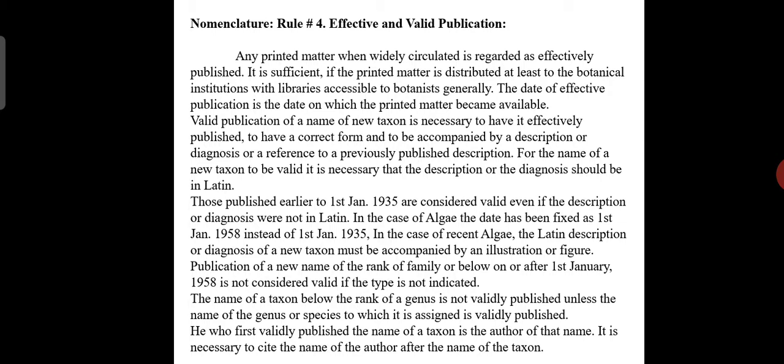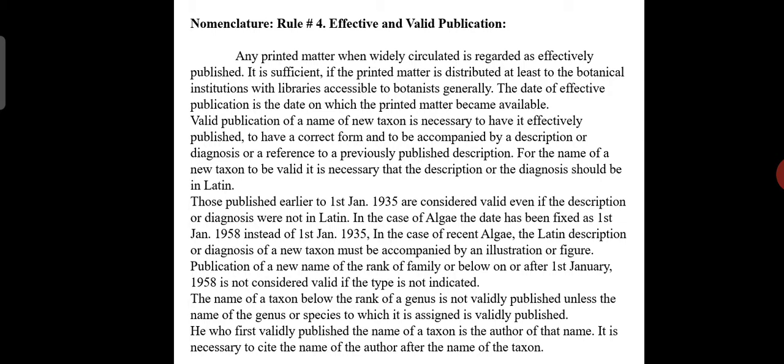So in the case of recent algae, the Latin description or diagnosis of a new taxon must be accompanied by an illustration or a figure. Publication of a new name of the rank of family or below, on or after 1st January 1958, is not considered valid if the type is not indicated.